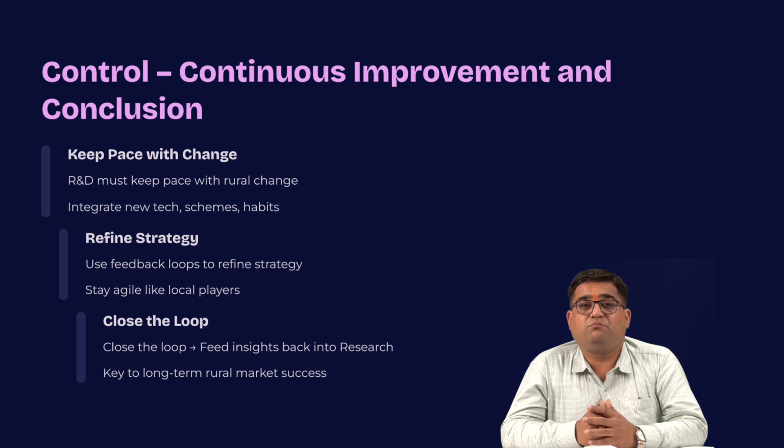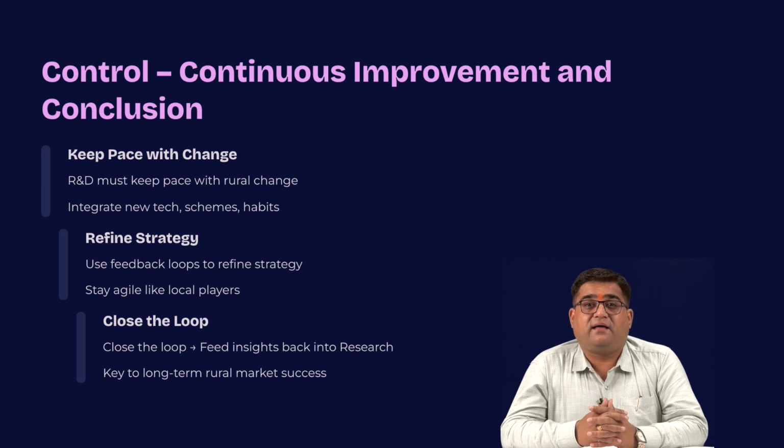By implementing robust monitoring systems and demonstrating a willingness to iterate and adapt, whether it's changing a distribution partner, fine tuning a product, or retargeting a promotion, companies can navigate the challenges of the rural environment and achieve lasting success.